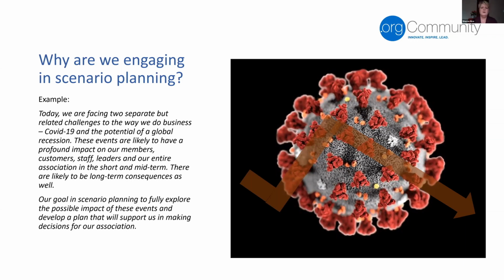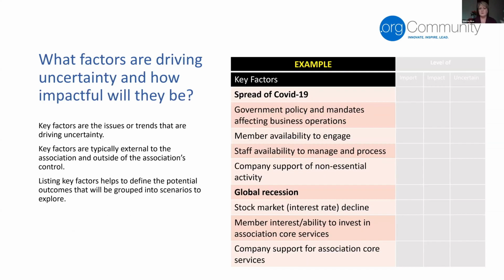So what factors are driving the uncertainty and how impactful will they be? What we want to do in this first step, or second step after defining why we're engaging in scenario planning, is start by looking at the factors. And this is something often that a CEO or an executive team will go through.